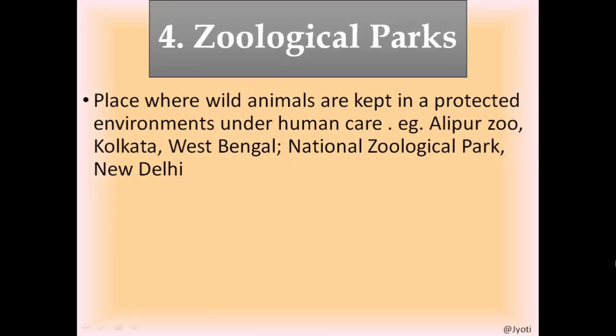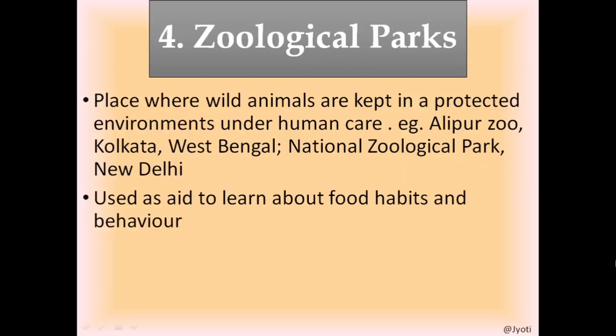Some examples are the Alipur Zoo in Kolkata, West Bengal, and the National Zoological Park in New Delhi. These are the zoological parks. And what is their use? As I said, these are all taxonomical aids, used as an aid to learn about food habits, behavior and life cycle.